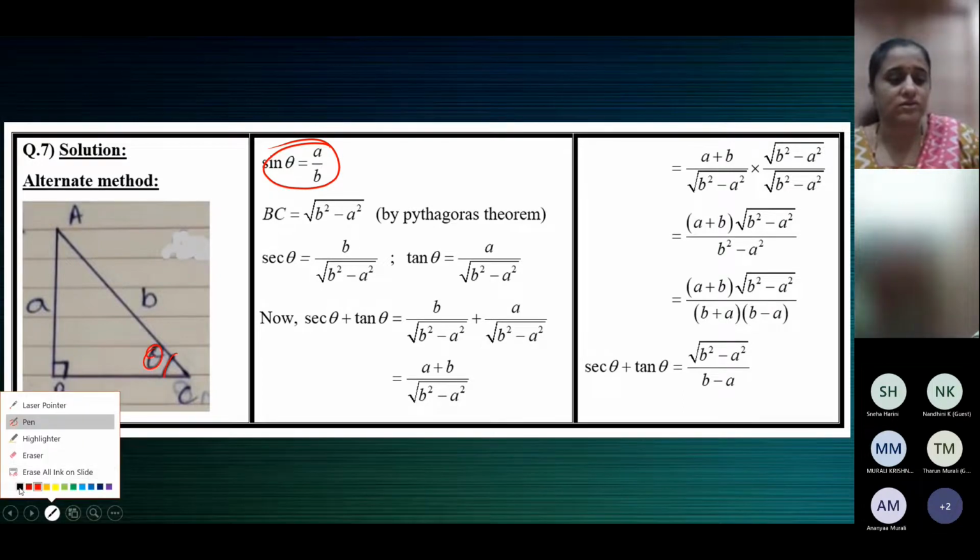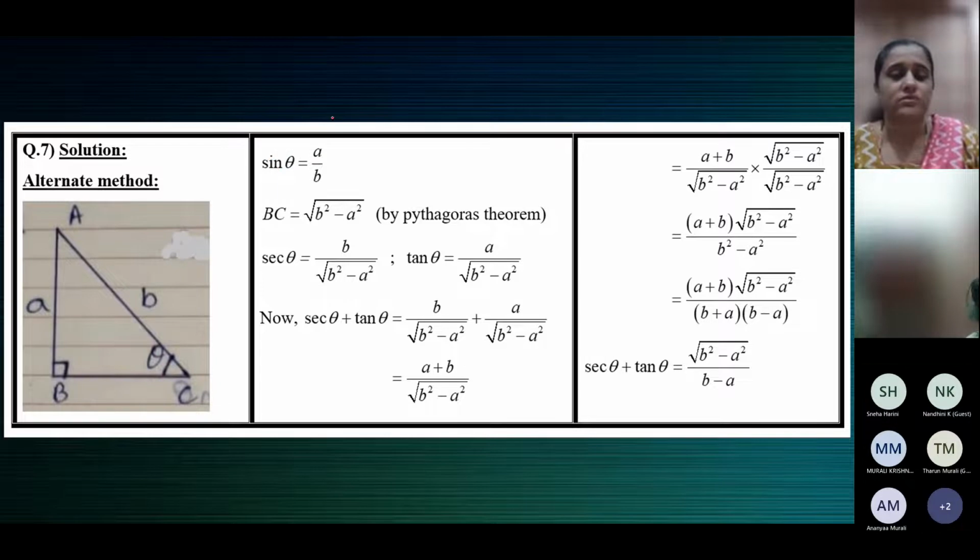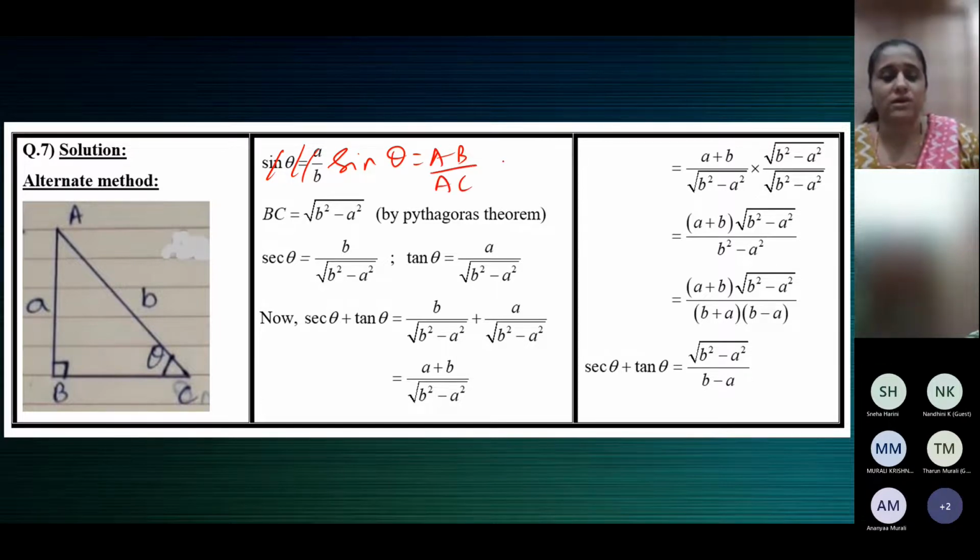Sine theta is equal to opposite AB by hypotenuse AC, which is given as A by B. So I've marked the opposite as A and the hypotenuse as B, and you should find BC using Pythagoras theorem. You will find BC as root of B square minus A square.